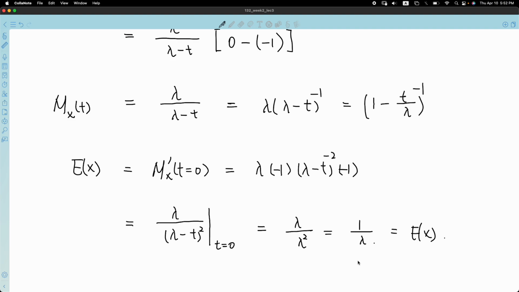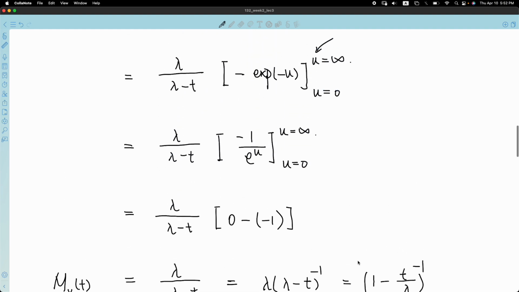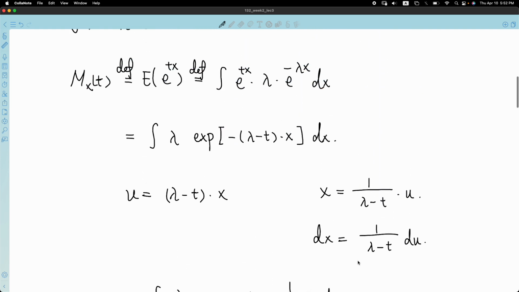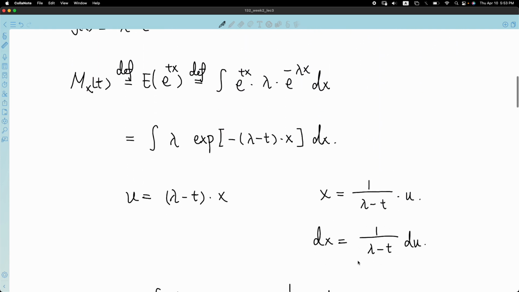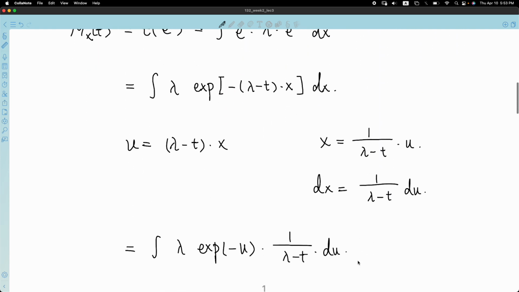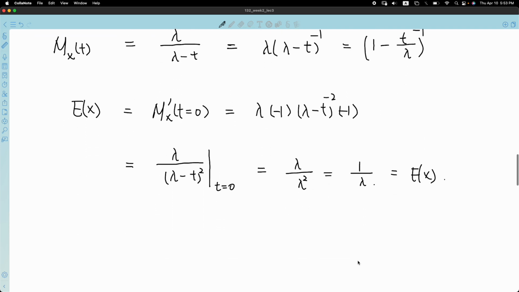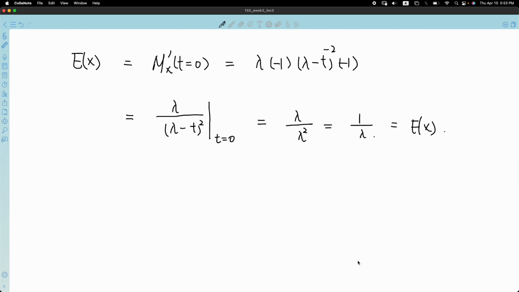So what we have done so far is that we first used the definition of expectation. We used the whole lecture on Tuesday to get the result for 1 over lambda. And today we have used a second method, which is called the moment generating function. And you can see that we just use a few lines, relatively easier: first derive the moment generating function, take the derivative, set t equal to 0, and we get the same conclusion.